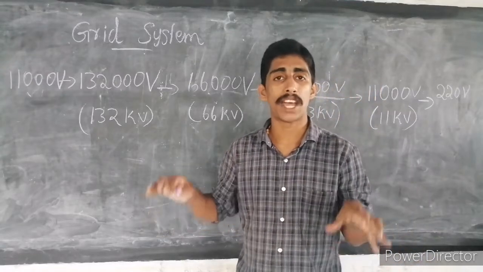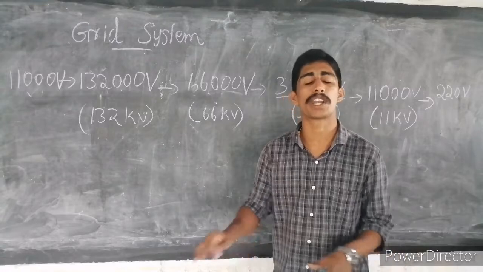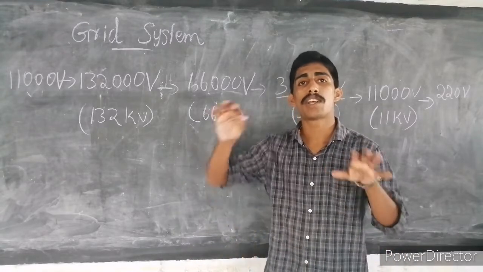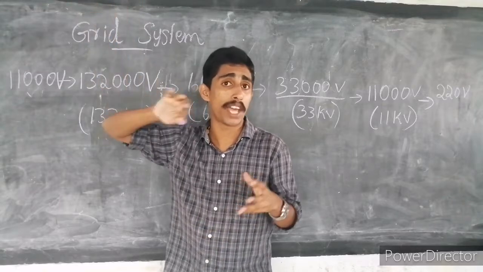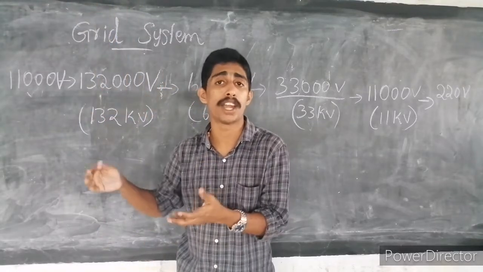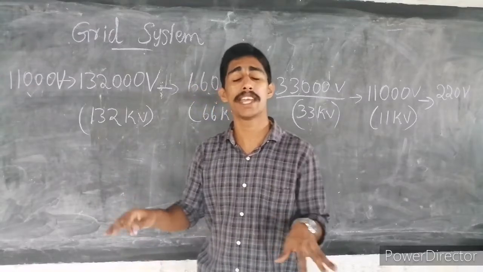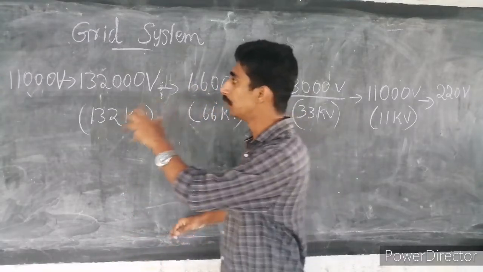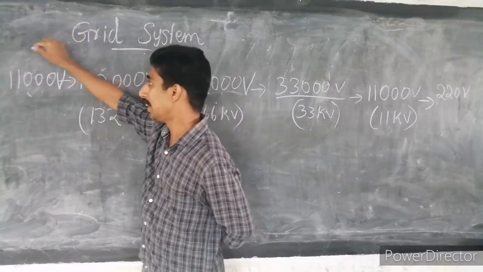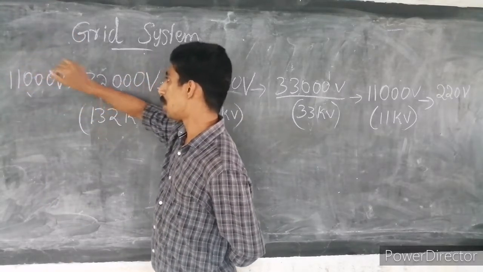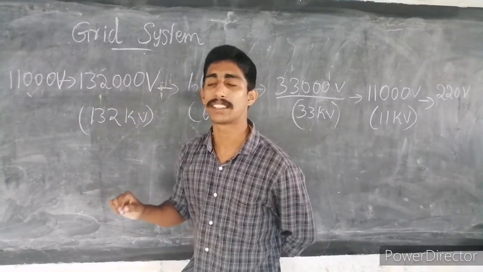Before that we have to study how the grid system works. Firstly, we go to the powerhouse where we produce the electricity, in a hydroelectric power station or a nuclear power station or a coal power station, etc. There we produce the electricity at 11,000 volt.